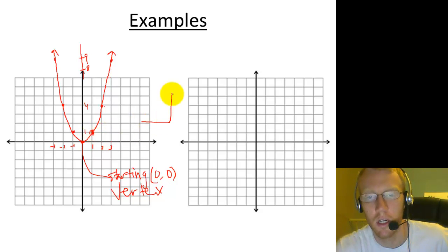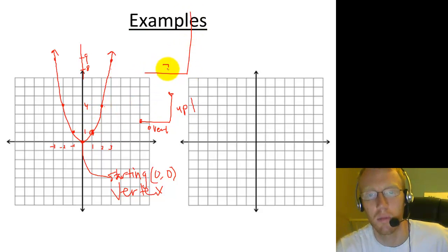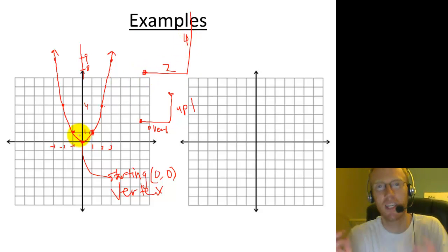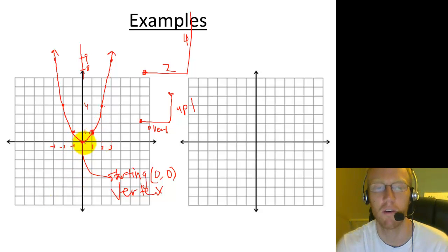From there, the first point is over 1, up 1. From the vertex to the first point is over 1, up 1. To get to the second point, you go over 2, up 4, because 2 squared is 4. Again, from the vertex. The key thing here is that to get to the other points, you're always measuring from the vertex.